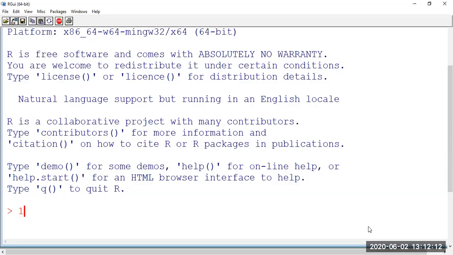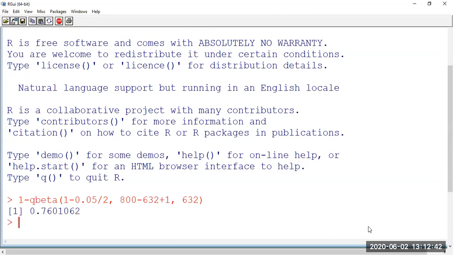So 1 minus q beta. We're gonna write here 1 minus 0.05 over 2 comma 800 minus 632 plus 1 comma 632.